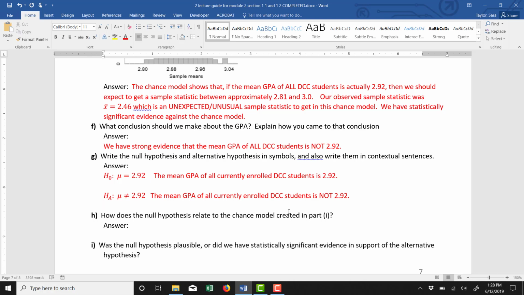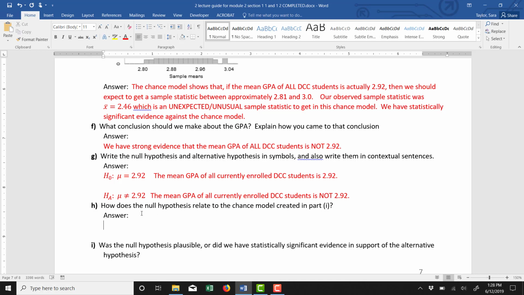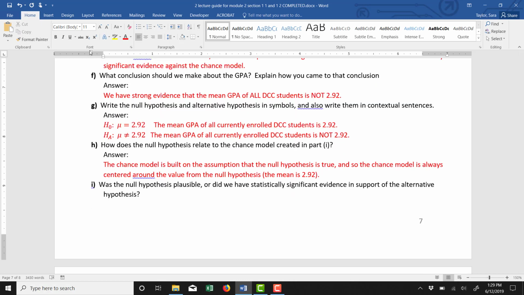So how does the null hypothesis relate to the chance model? It is always the case that our chance model is built on the assumption that the null hypothesis is true, and so the chance model will always be centered around the value from the null hypothesis. Part J, was the null hypothesis plausible, or do we have statistically significant evidence in support of the alternative?